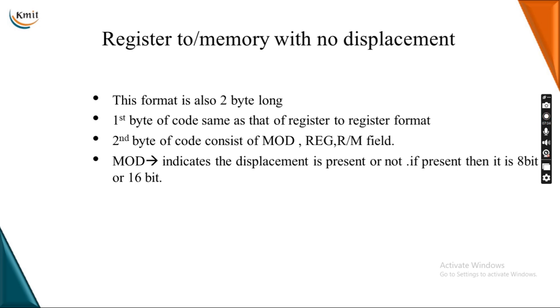The second byte of code consists of the mod, reg, and R/M fields. Previously we had the register field, then R/M field, whereas here in the third instruction format, the second byte consists of mod, reg, R/M field, where mod indicates whether the displacement is present or not, and if present, which type of displacement, whether it is 8 bit or 16 bit.